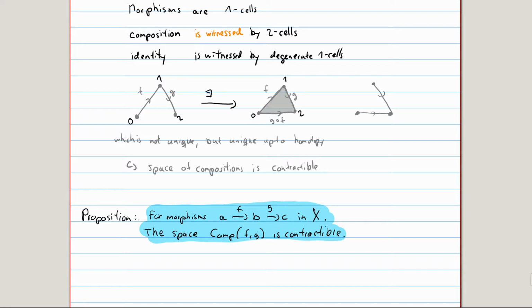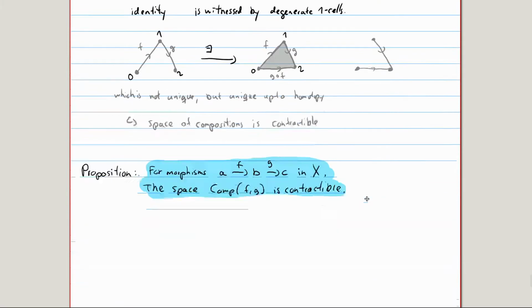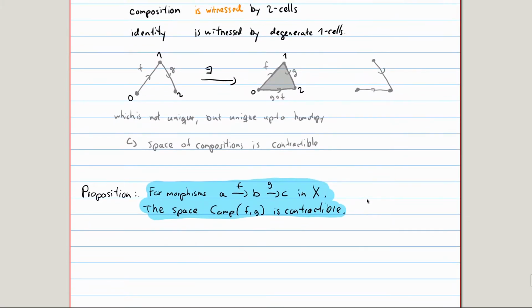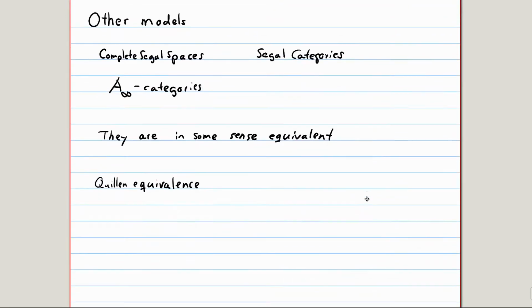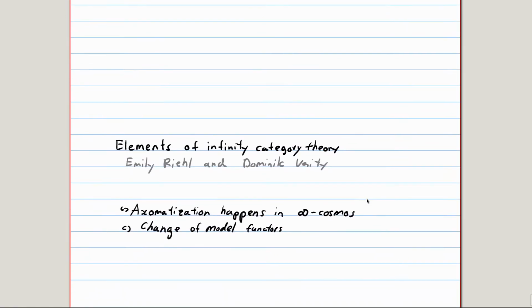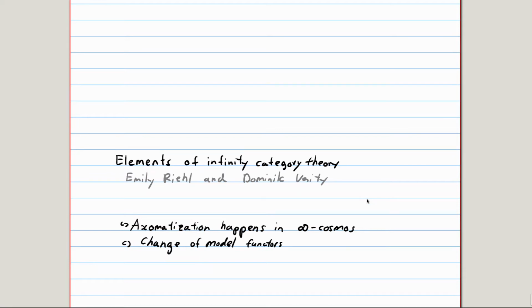The last point: maybe you think this is nice, but are still wondering why there is no axiomatization of this. In fact, there are some axiomatizations of this. There are actually multiple ways to do this, and I'm just going to tell you about one specific way, which is done by a joint project by Emily Riehl and Dominic Verity.